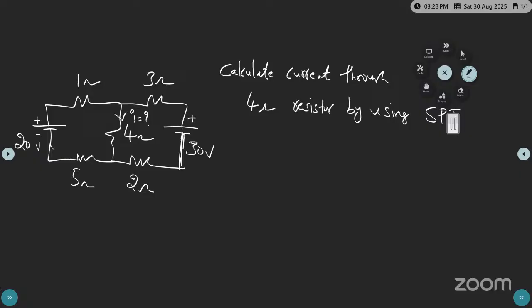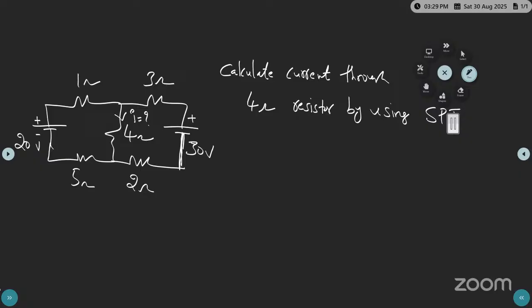So by using superposition theorem, calculate current through 4 ohm resistor. Now what you have to do? You have to do RHS. What is meant by RHS here? Keeping only one voltage source, what is the current in the 4 ohm resistor? You have to find out.